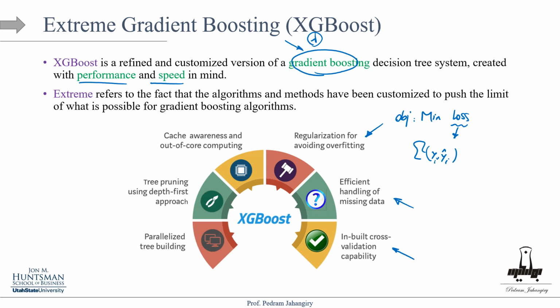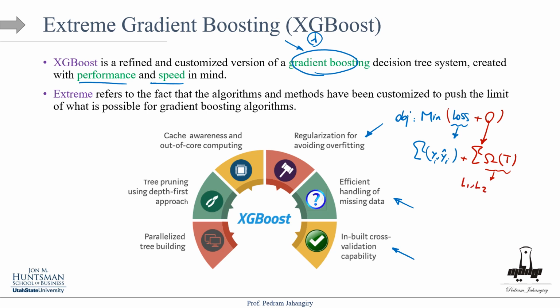But here, let me use another color. In XGBoost, we are adding a penalty term to the loss function, and it's something like this. Let's say it's a function of omega, and that omega is a function of the number of terminal nodes, right? This penalty can be something like the L1 or L2 norm of the function.